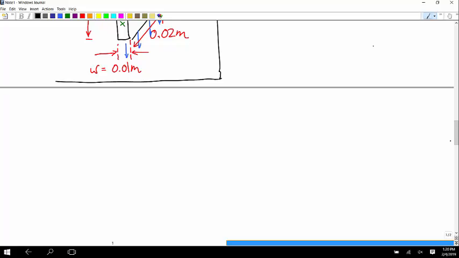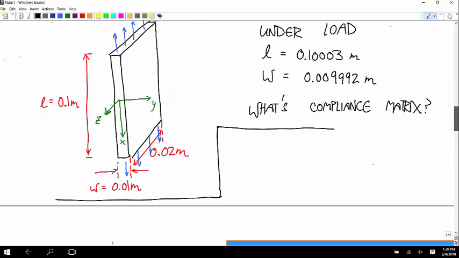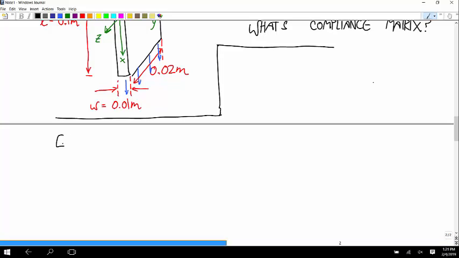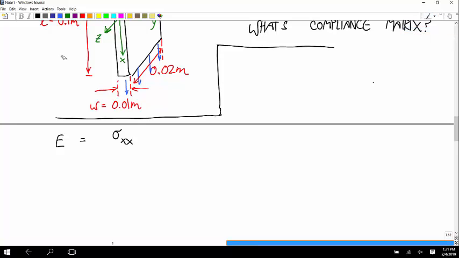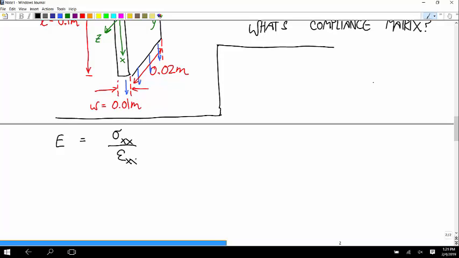Okay, so how are we going to measure this? Well, remember that Young's modulus is the stress along the loaded axis divided by the strain along the loaded axis. So we have to take those two measurements. And Poisson's ratio, you can do it two ways.